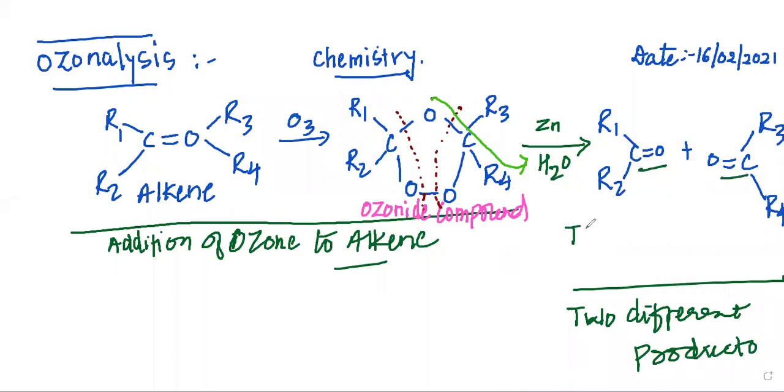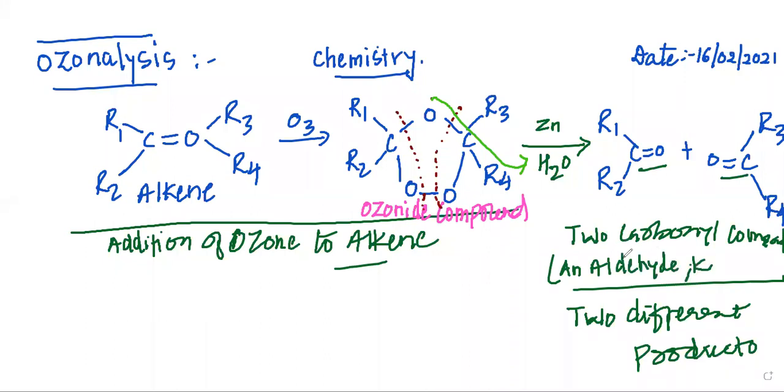So two carbonyl compounds that we get may be an aldehyde or may be a ketone. So this is the very important reaction known as the ozonolysis reaction. And when it comes to the ozonolysis reaction, we can do it this way.